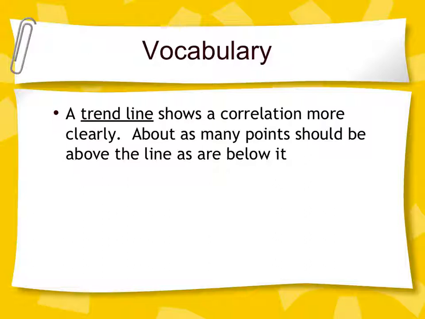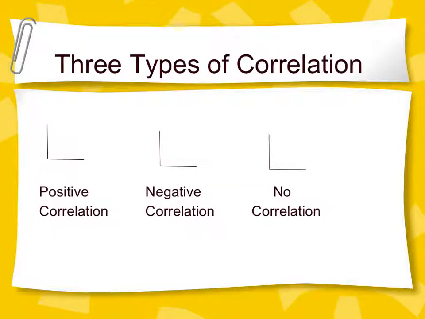And then finally, our trend line. Our trend line shows that correlation more clearly. You're going to try to draw a line that kind of divides your data, shows the trend, and you're going to have the same amount of points above and below that trend line. And then we've got correlation.